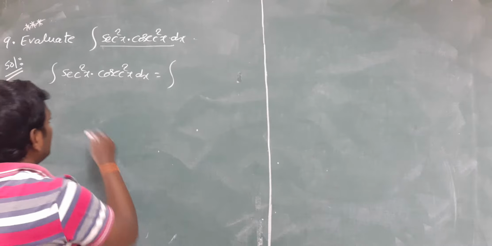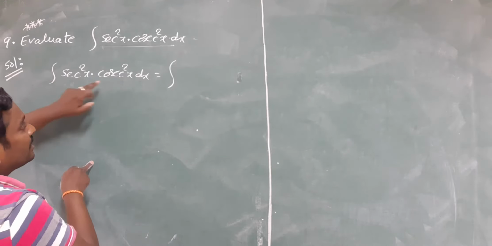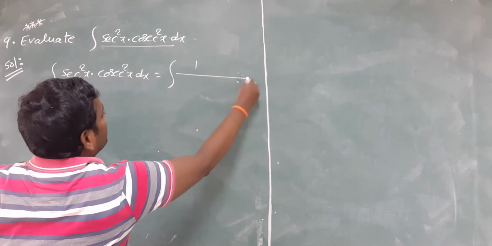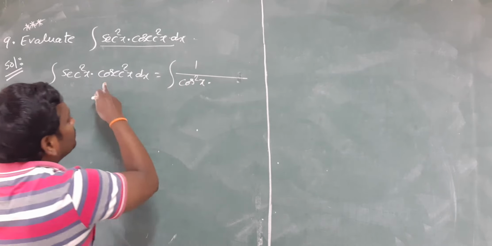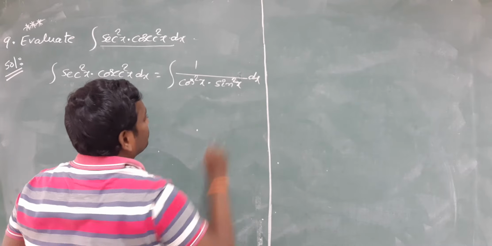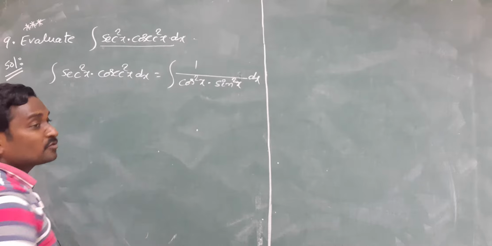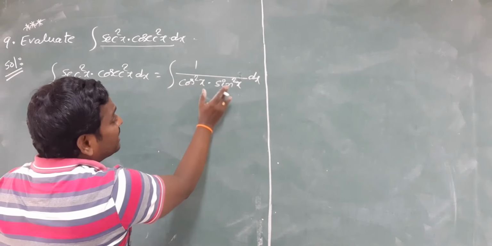Everybody knows that secant square x can be written as 1 by cos square x and cosecant square x can be written as 1 by sin square x. So this problem can be written as 1 by cos square x into sin square x into dx. Now in the denominator we have the terms cos square x and sin square x.